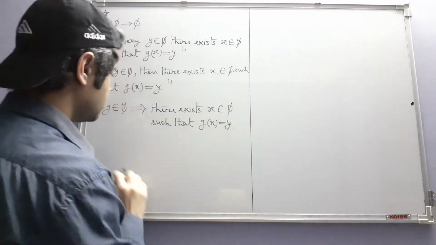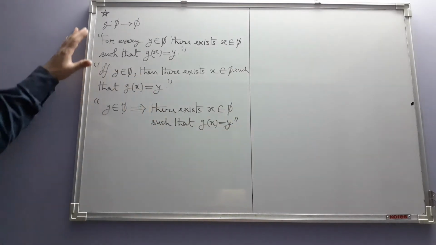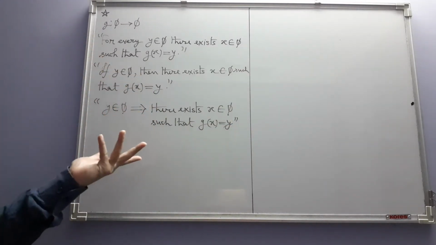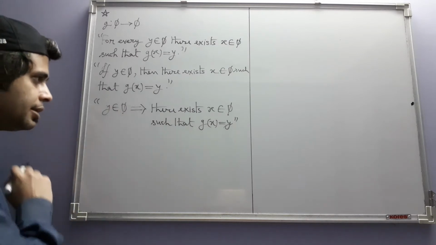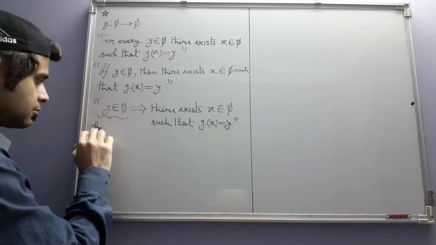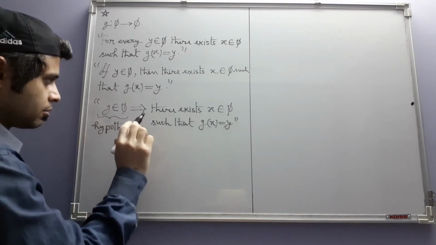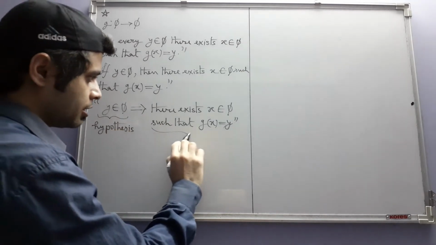So this last statement is nothing but these two, and all of them mean the same thing. So in this implication you can see that this is the hypothesis and this is the conclusion.